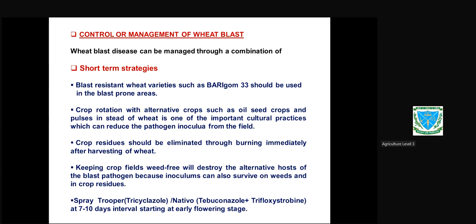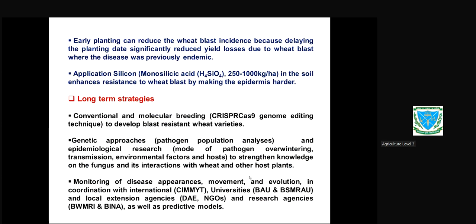And you have to spray at 7 to 10 days interval starting in the early flowering stage.